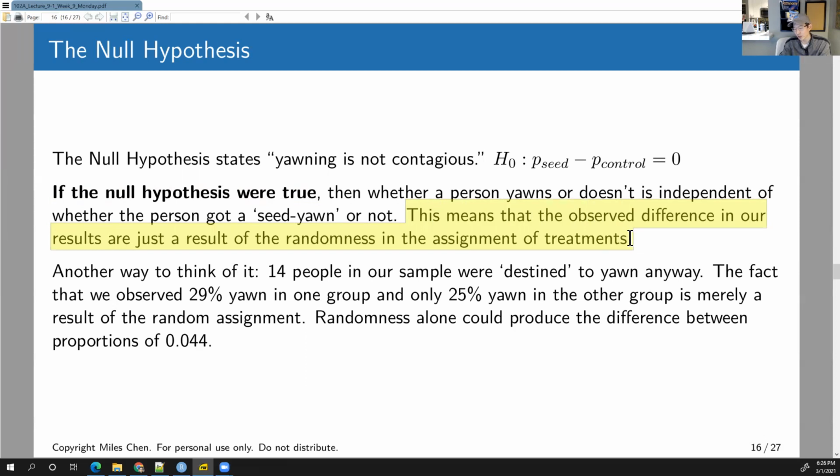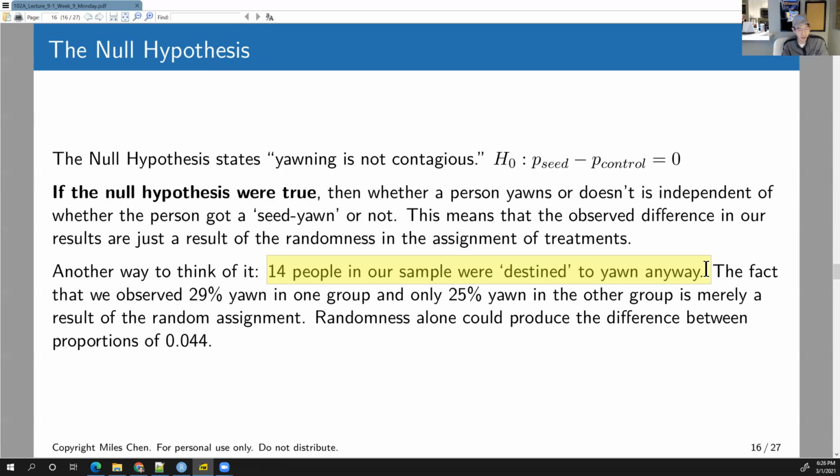And so this is a little bit of a strange idea, but another way we could think of it is that we had a total sample of 50 people, and 14 of those people were just destined to yawn. It was their destiny to yawn during the experiment. And whether they were in the control group or whether they saw somebody yawn and were in the treatment group where they got a seeded yawn, they were going to yawn anyway.